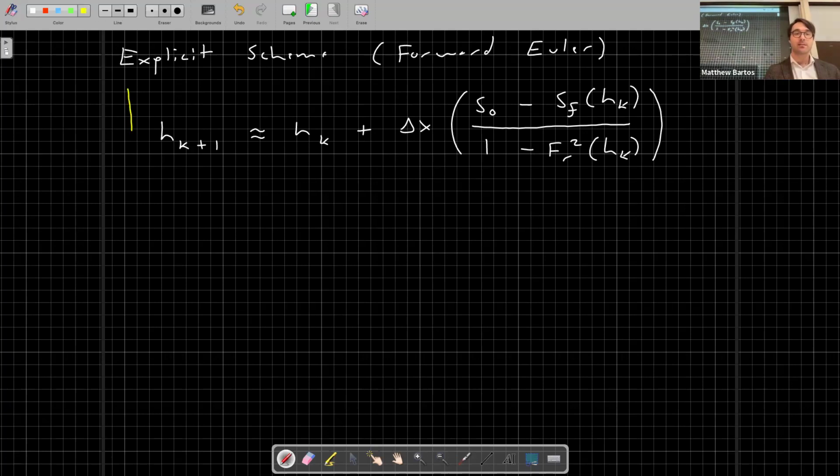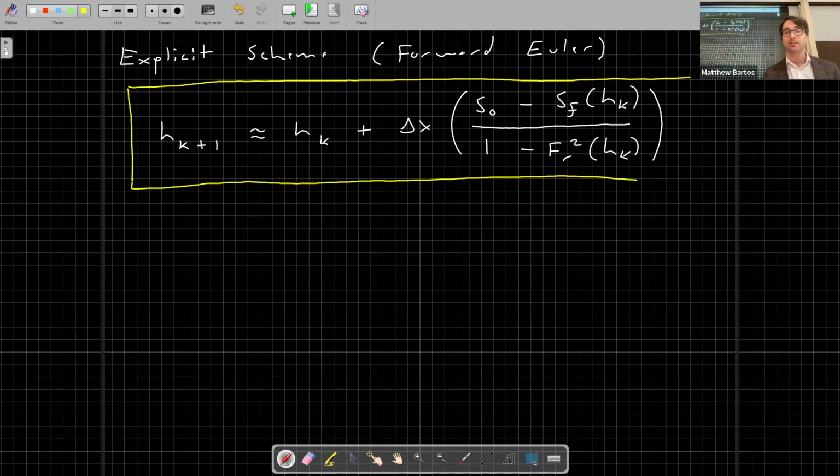So this is probably the simplest scheme for solving a differential equation like this numerically. I should note that this is not just something that you'll encounter in hydraulics. This is all over the place in engineering. So whether you're working in structures or water treatment or energy or anything else, differential equations appear all over the place.